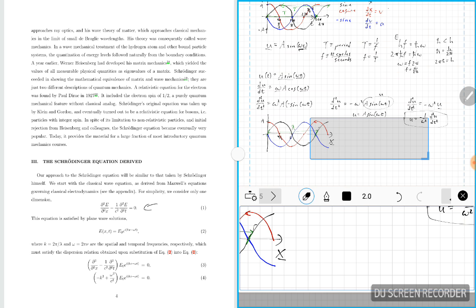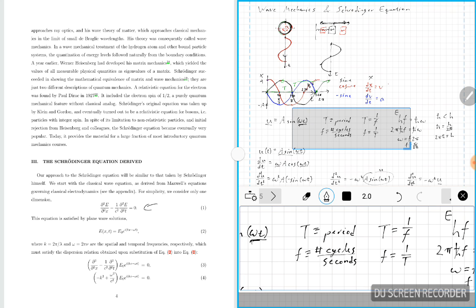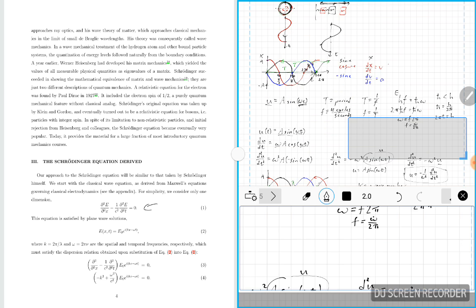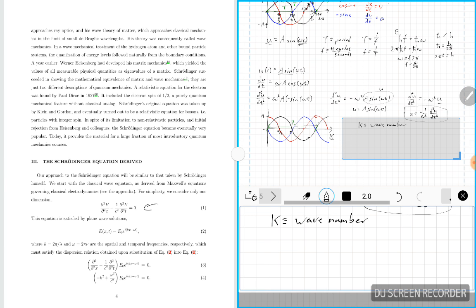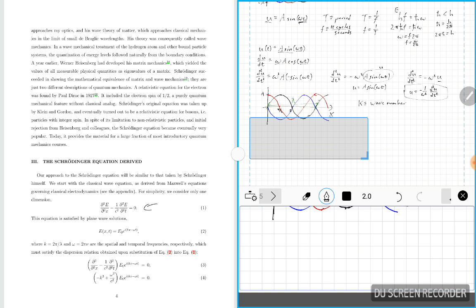So to go from 0 to 2 pi in one wavelength. So that's our wave number. So k is our wave number. It's analogous to our period, except it's going to be in terms of inverse meters.